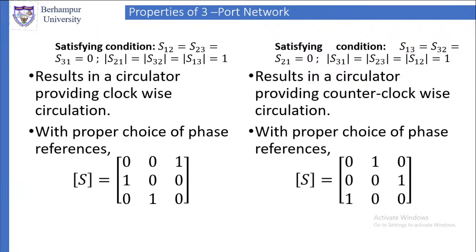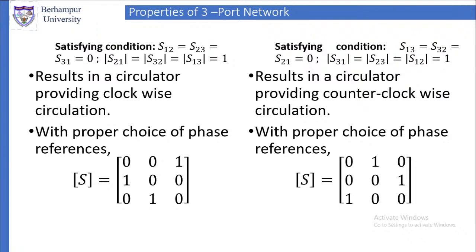Now suppose it satisfies the condition S12 is equal to S23 is equal to S31 is equal to 0, and the absolute values of S21, S32 and S13 are equal to 1. If this condition is satisfied, this results in a circulator providing a clockwise circulation. With proper choice of phase, we can put these values in the S matrix: S is equal to 0, 0, 1, 1, 0, 0, 0, 1, 0.